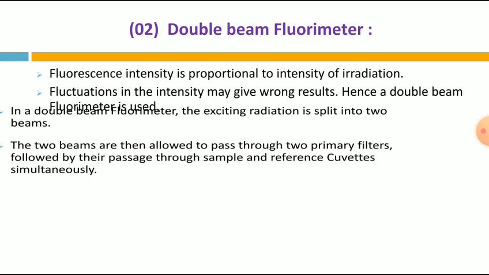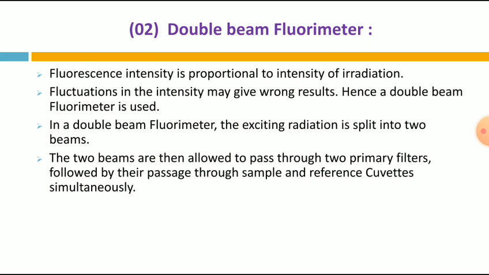In a double beam fluorimeter, the excitation radiation is split into two beams. The two beams are then allowed to pass through two primary filters, followed by their passage through the sample and reference cuvettes simultaneously. That means in this double beam fluorimeter, we are keeping two different cuvettes, one for the reference, or we can say the blank solution, and one for our sample solution.